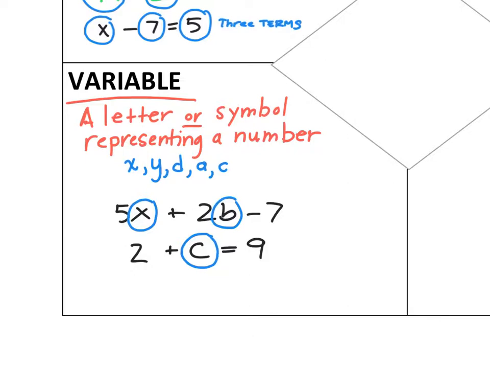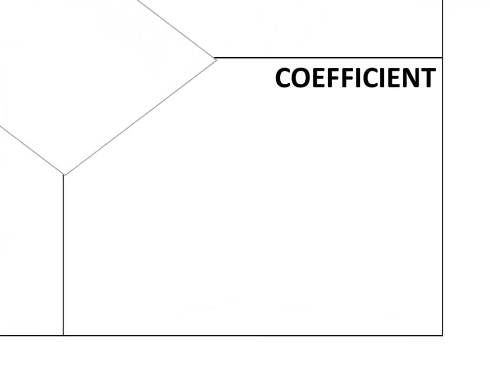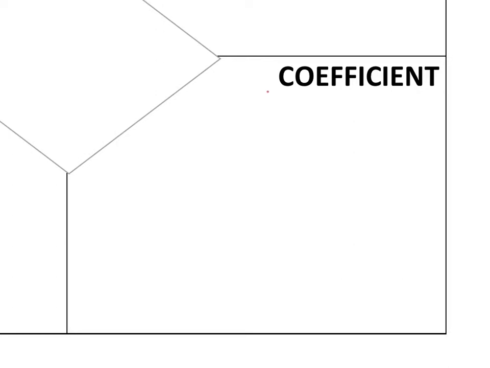Okay, lastly, let's talk about this last word, which is coefficient. Co means together. Therefore, when we talk about the word coefficient, we're talking about something that is together. All right?